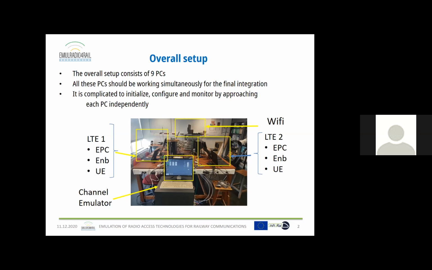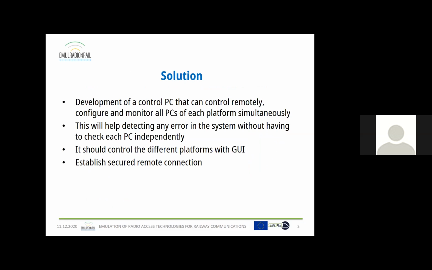So we had to think of a way to monitor and configure everything in parallel at the same time. As a solution, we considered the development of a control PC that can remotely control, configure, and monitor all PCs of each platform simultaneously.